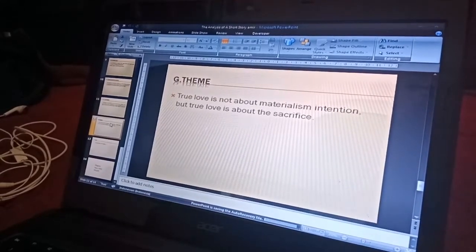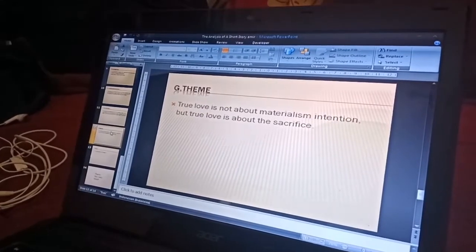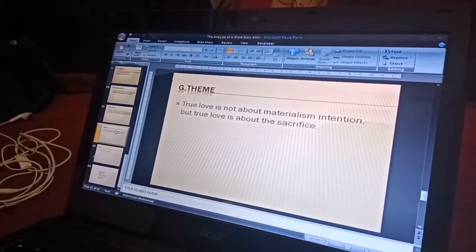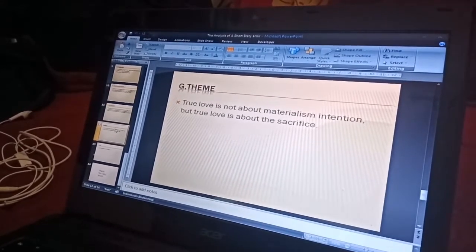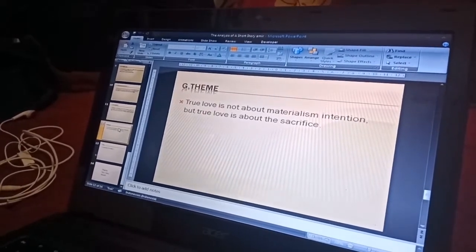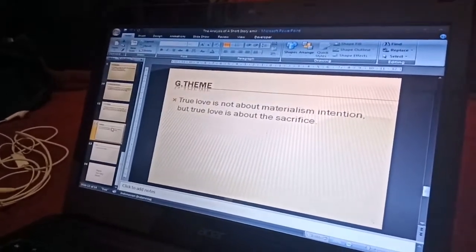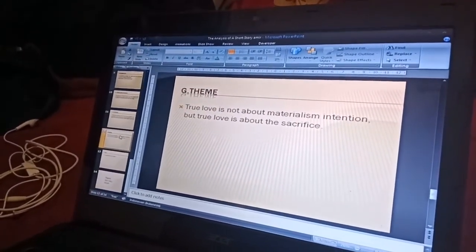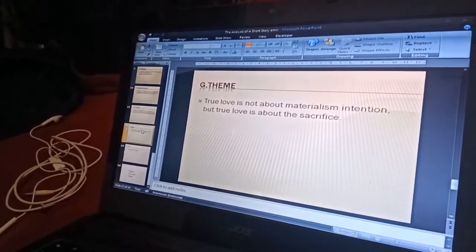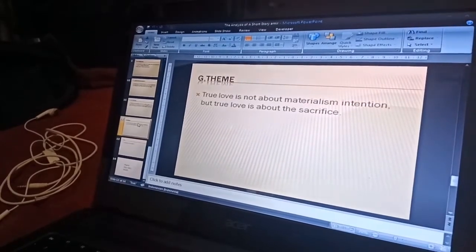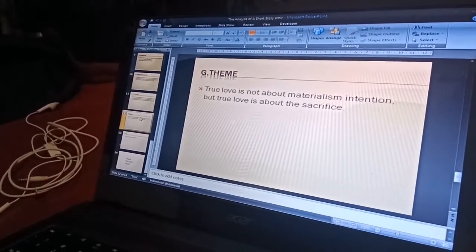Because I think this story gives us a very important thing to learn, that love is as they do, Jim and Della, they make more sacrifices no matter how poor they are.